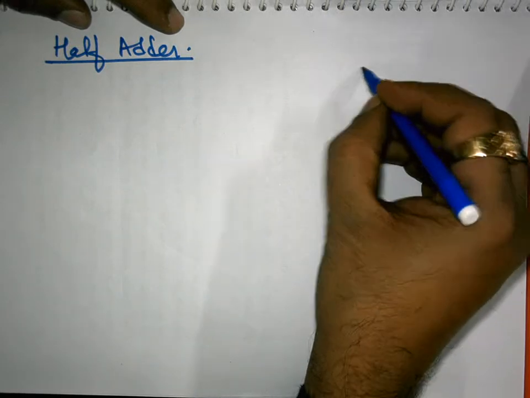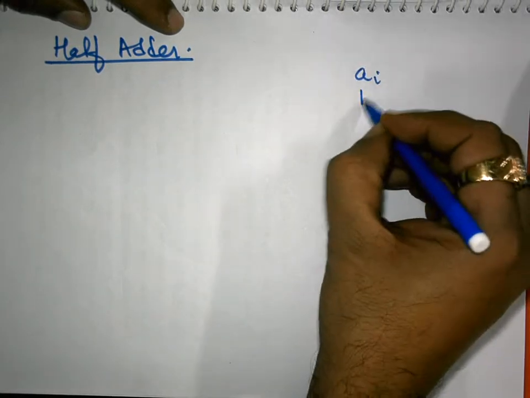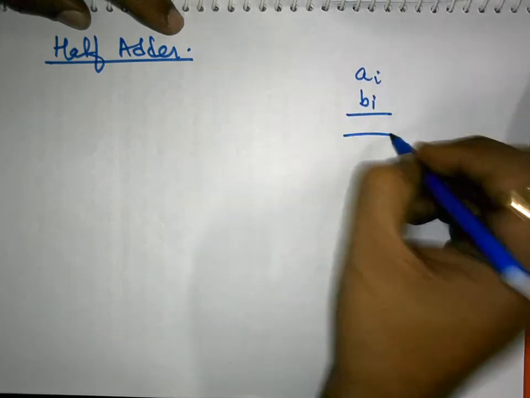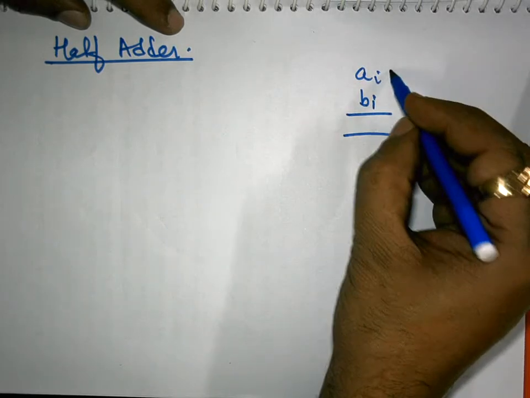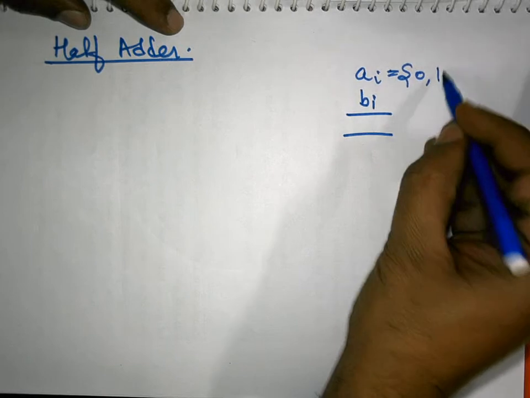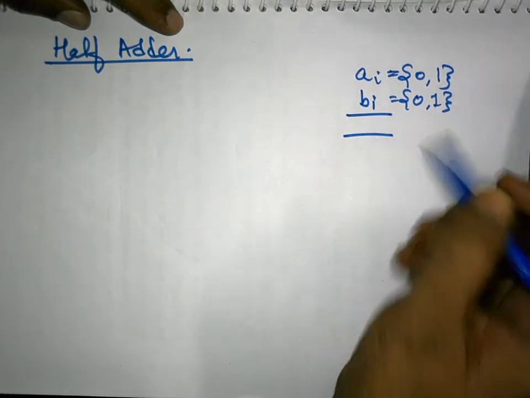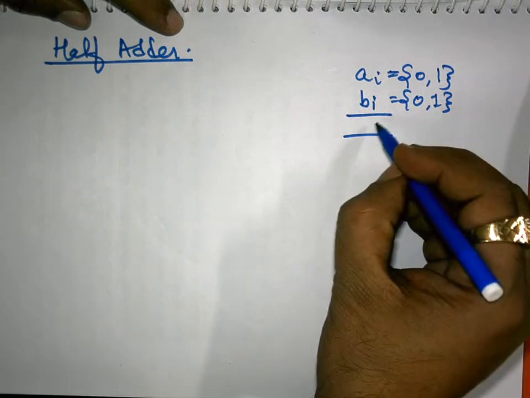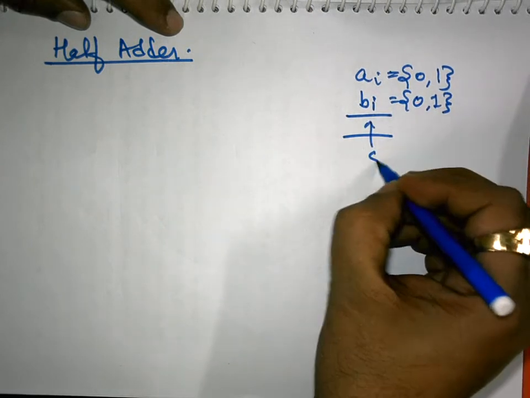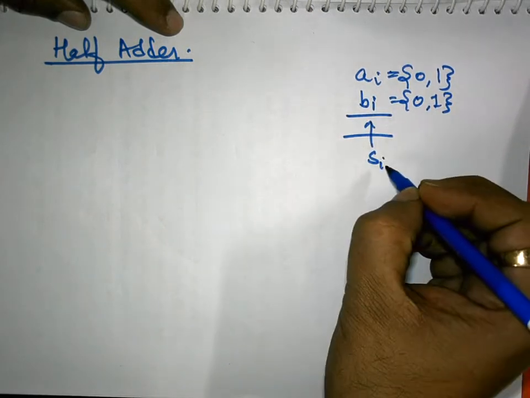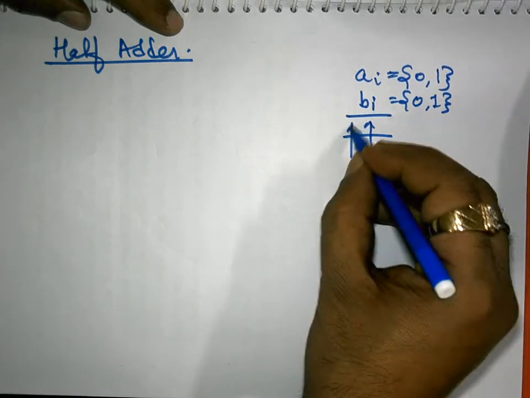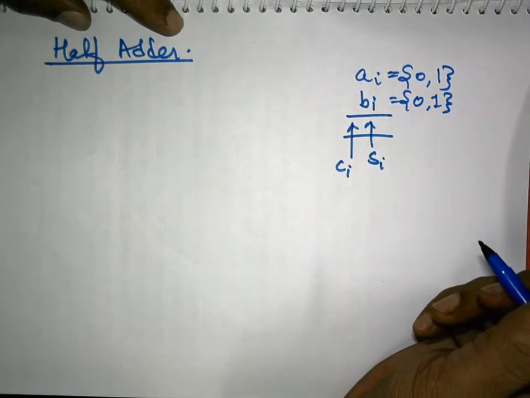Basically it is 2-bit addition. Suppose we have ai and bi as the bits, where a can take value from the set 0, 1 and b can take value from the set 0, 1. So naturally it will have two outputs also, sum and carry.